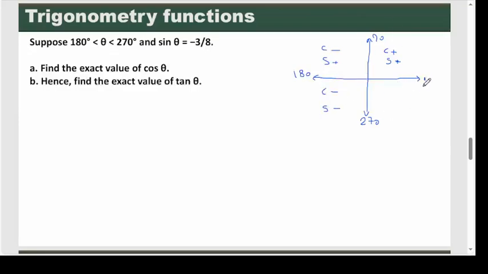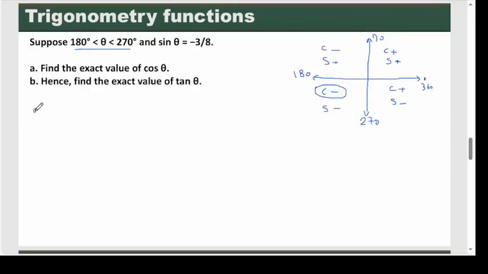Then from 270 to 360, cosine is positive and sine is negative. Now it says theta is between 180 and 270. That means I only accept the value that is negative.